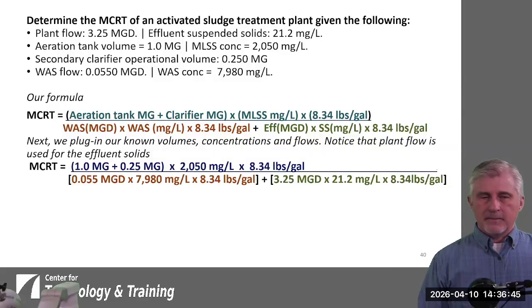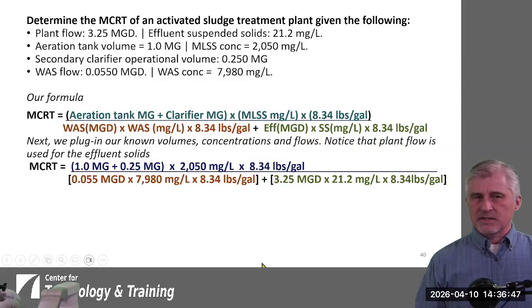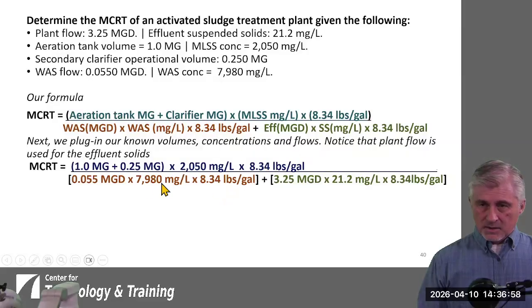Now, one of the things we can do to simplify this, if you wanted to, is take the 8.34 pounds per gallon out of this, because the way the math works out, when we multiply these together and add them, they all cancel out.